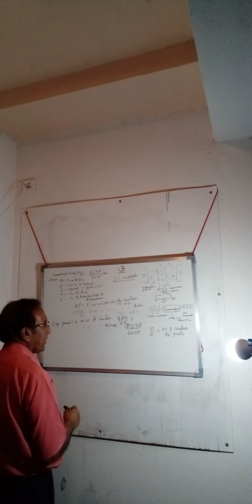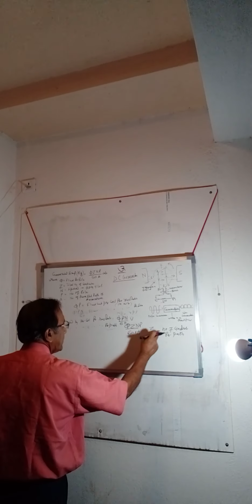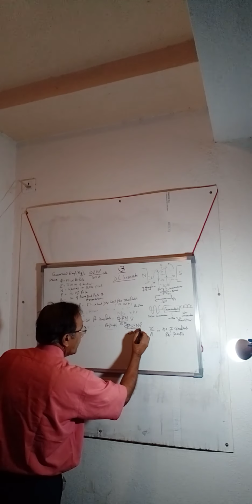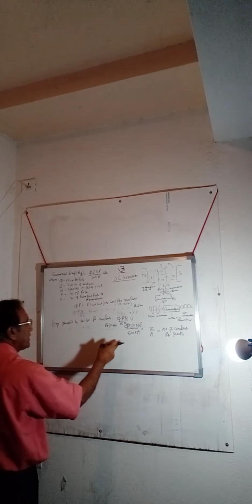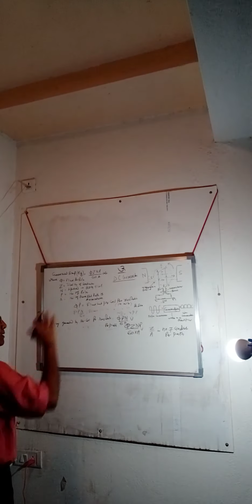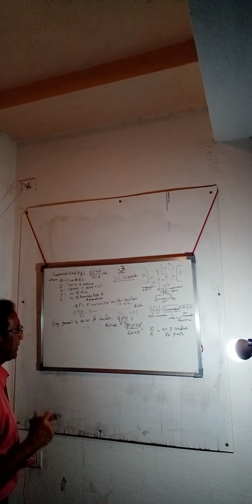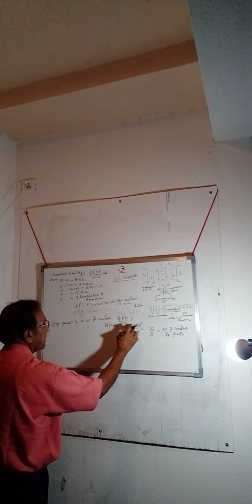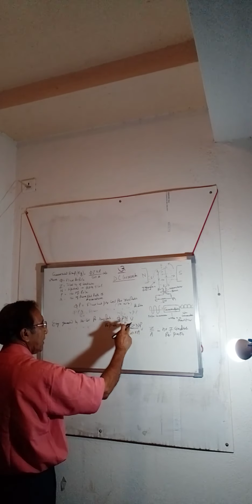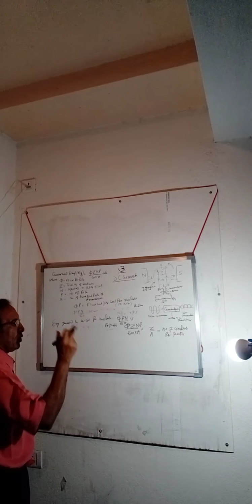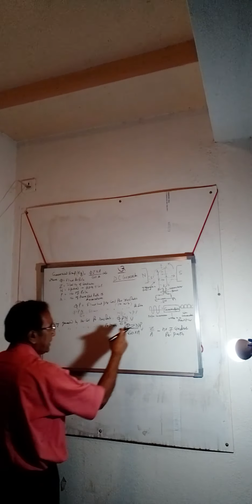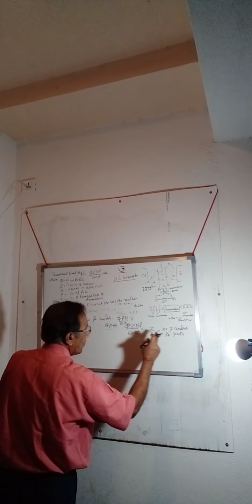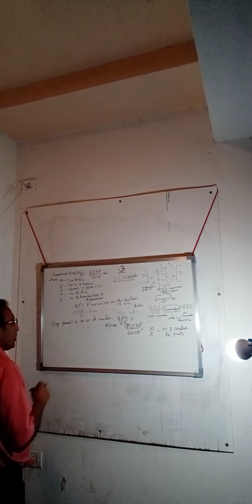Z is the total number of conductors, and Z by A is the number of conductors per path. So this much voltage is being generated per path of the DC generator. This is the main formula, where N is the revolution per minute and N by 60 is the revolution per second.